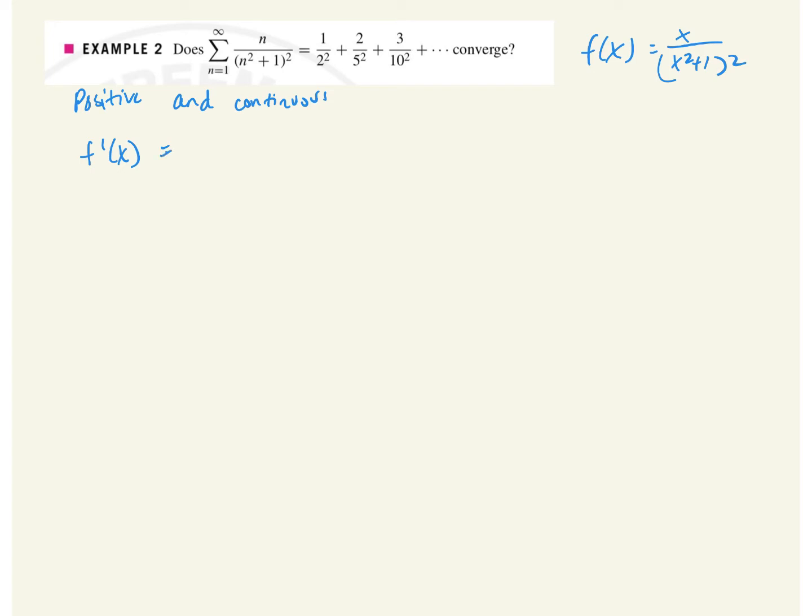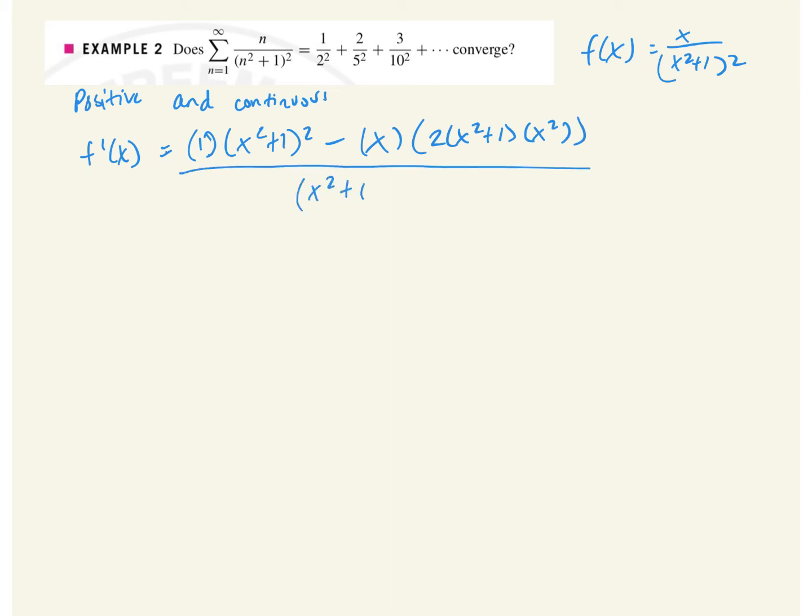So f of x is equal to x over x squared plus 1 squared. So therefore, f prime is 1 times quantity x squared plus 1 squared minus x times what I just said, 2 times x squared plus 1 to the first times 2x, all over x squared plus 1 to the fourth.